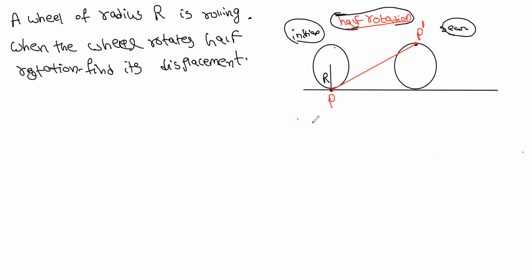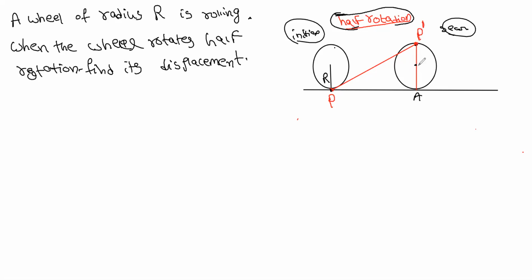How to find this? When we see this, we can form a triangle. Imagine, let's suppose I'm taking this as A. What is AP dash, this length?